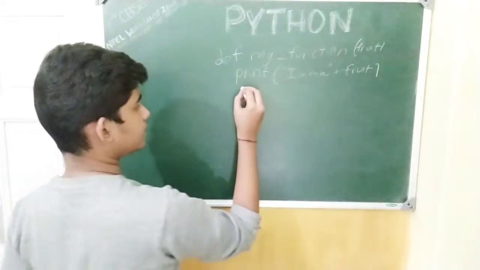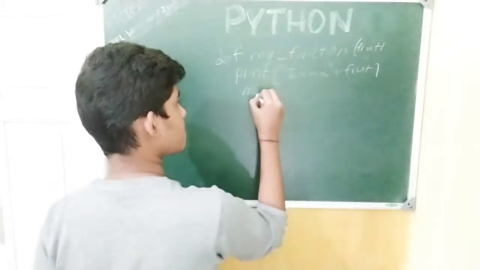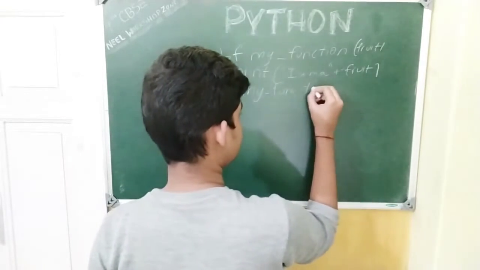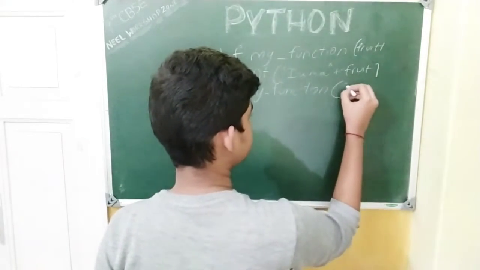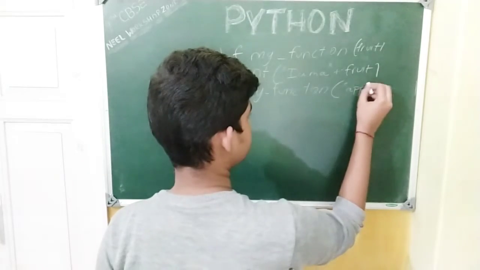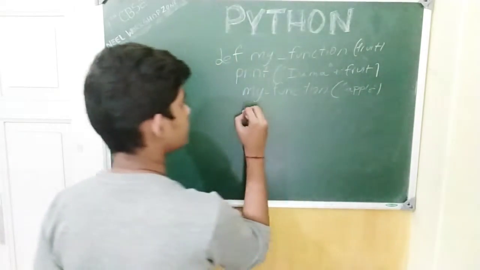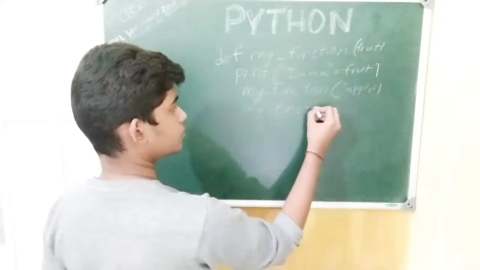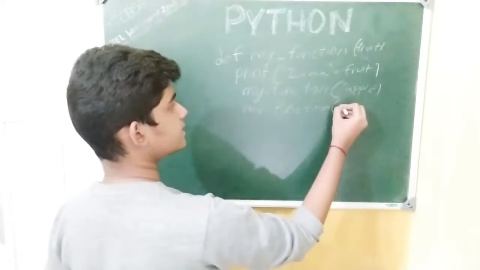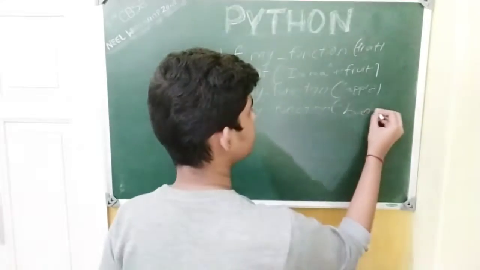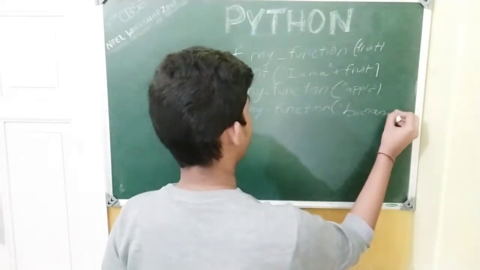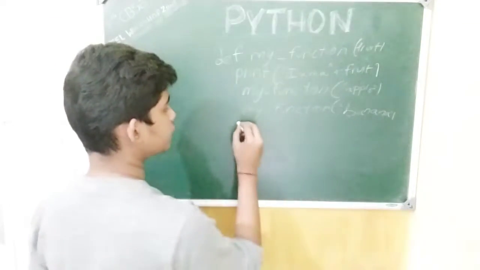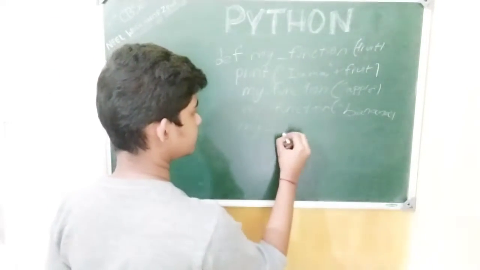So now let's write down some statements like this. So basically what we're saying here is we have written down a function named fruit, and now we're writing down the sentences that it has to print. So let's write down two more.